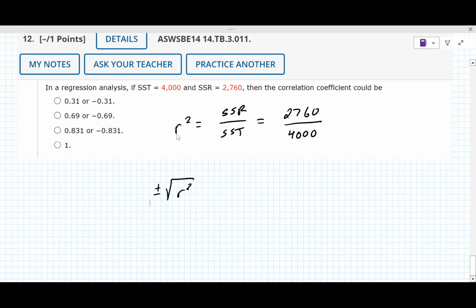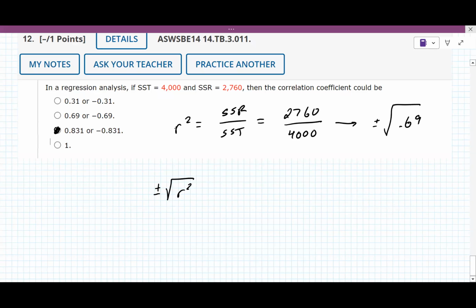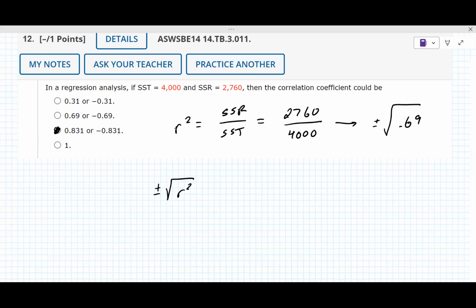This is the coefficient of determination. You have to now take plus or minus the square root of 0.69. 0.831. Yes, good. Really good.